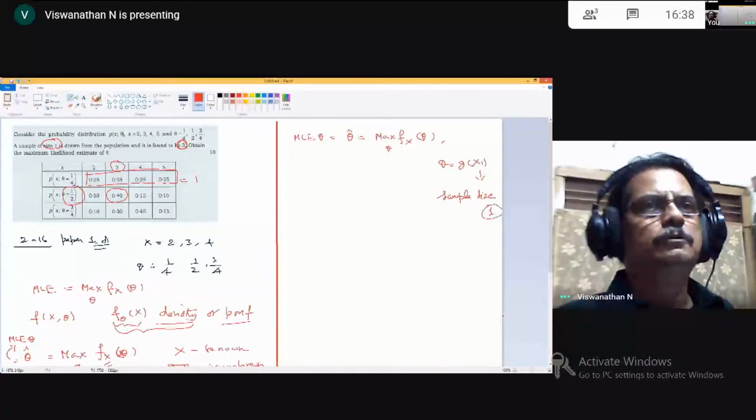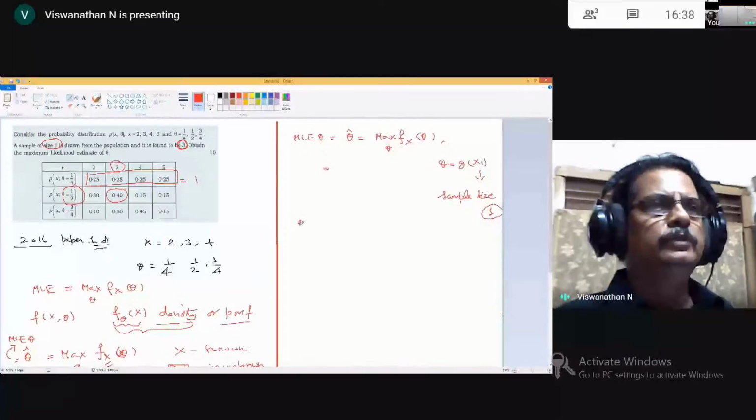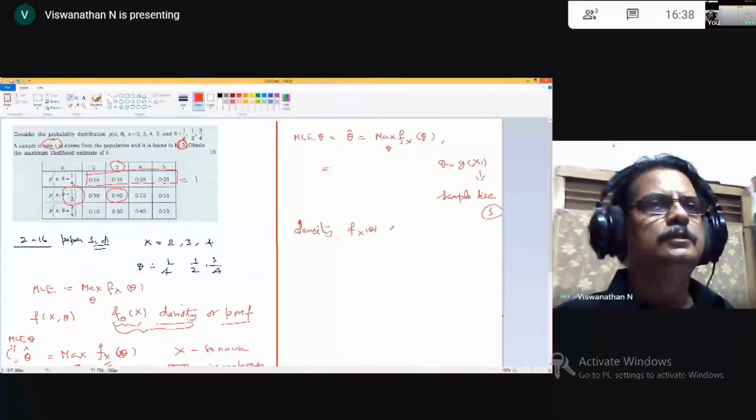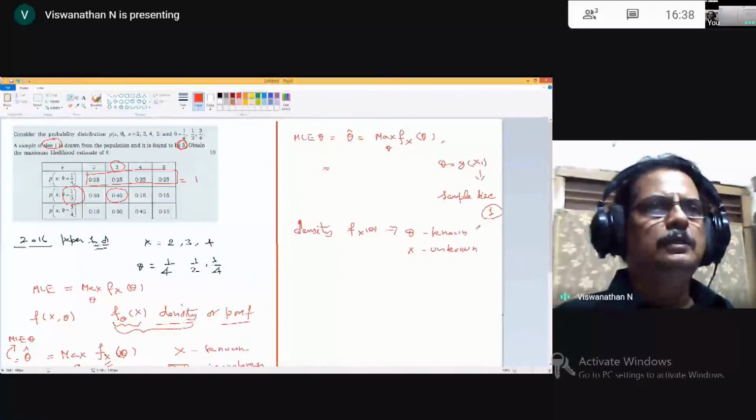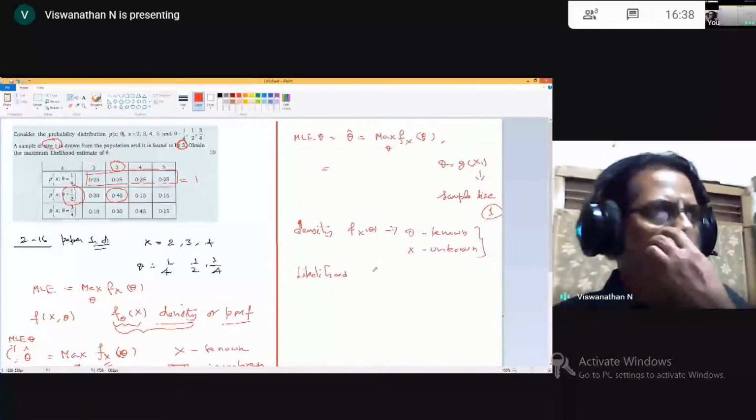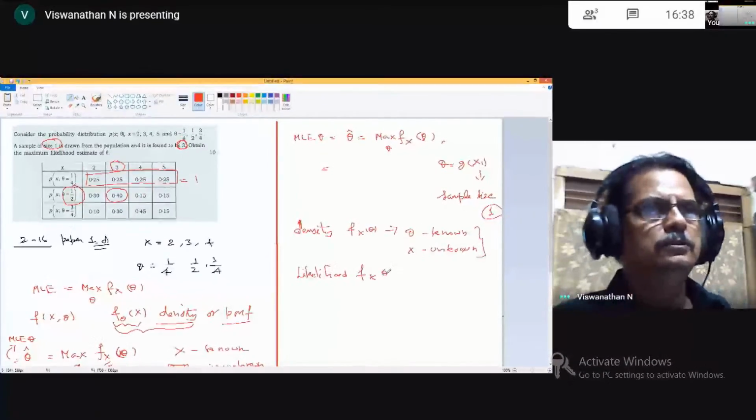Also, we said when it is considered as a likelihood, and when it is density, it is something like f(x, theta) where theta is known and x is unknown. When it is likelihood, it is still f(x, theta), but here x is known.